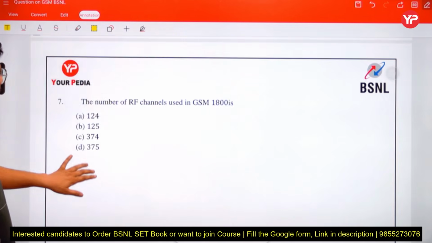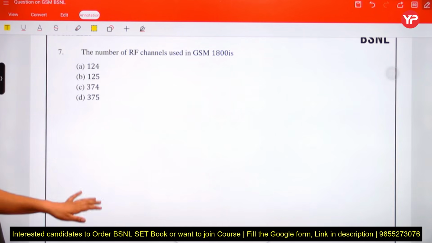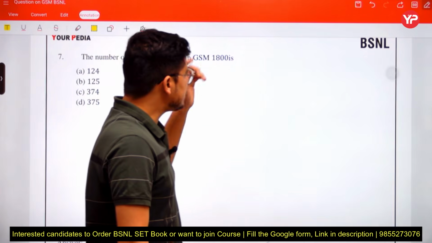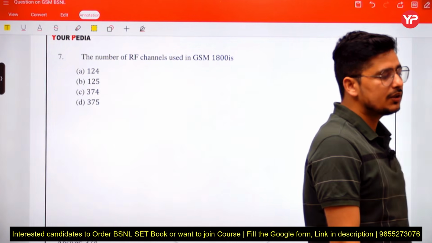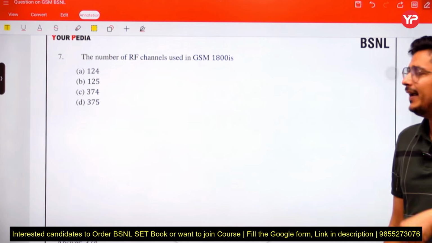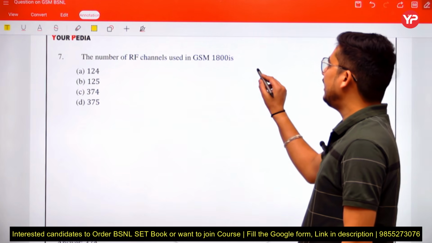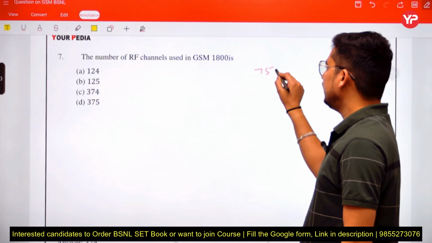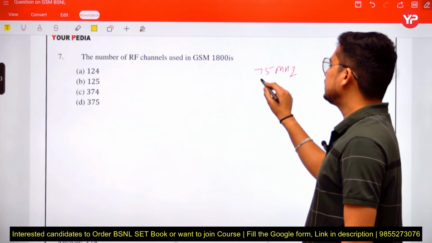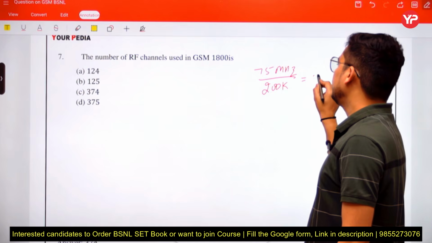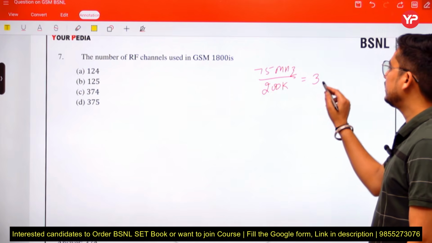Next is the number of RF channels used in, this is the question I'm talking about, but this time he's talking about the 1800 band. So the GSM 1800 band will have a bandwidth of 75 megahertz, then we have to divide that by 200, so we will get 375.